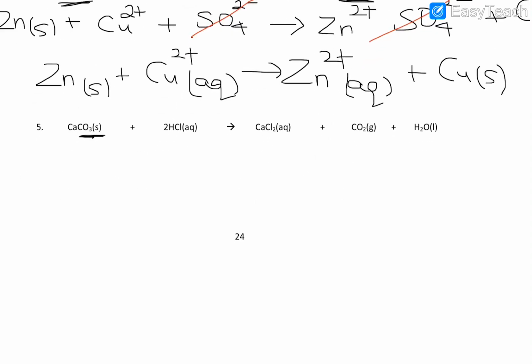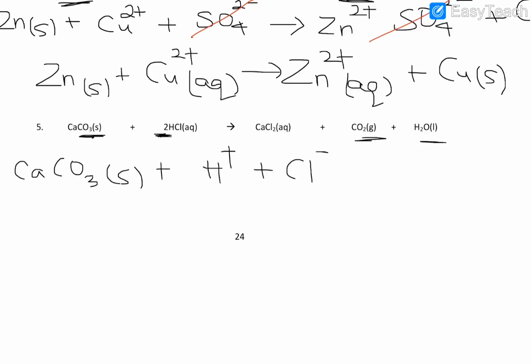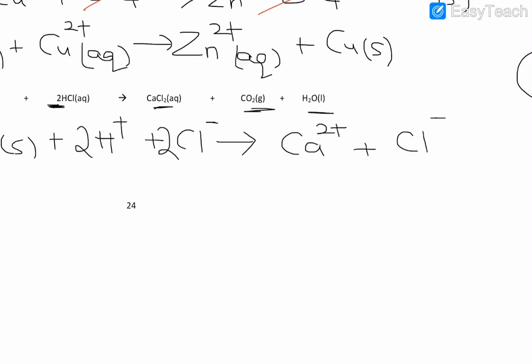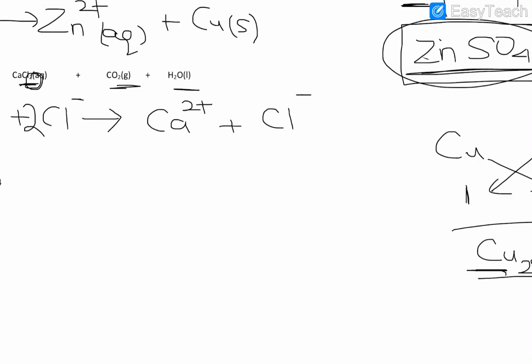Question 5, solid, gas, liquid will not split. So CaCO3 solid, HCl splits H plus Cl minus, but there is 2 of it, so there's 2 H plus and 2 Cl minus, giving CaCl2. So Ca is Ca2 plus because it is in group 2. Cl minus because it is in group 7, so valency 1, but there is 2 Cl, so 2 here, plus CO2 gas plus H2O liquid.